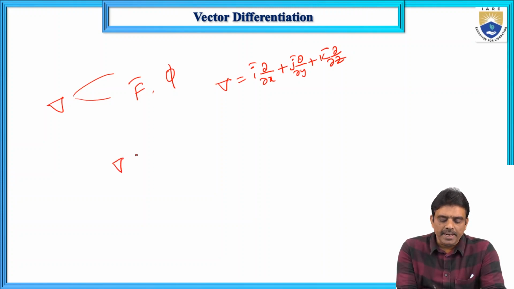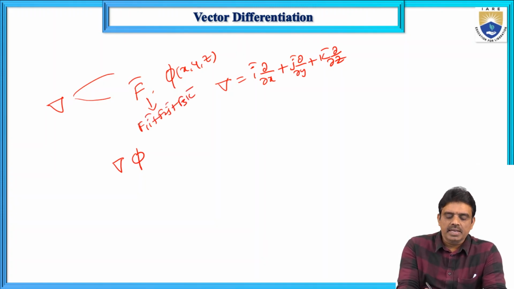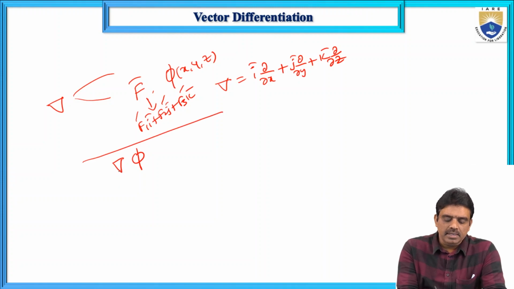A scalar function means phi of x, y, z. A vector function means f1 i bar plus f2 j bar plus f3 k bar, where f1, f2, f3 are functions of x, y, z. This is called del or nabla.